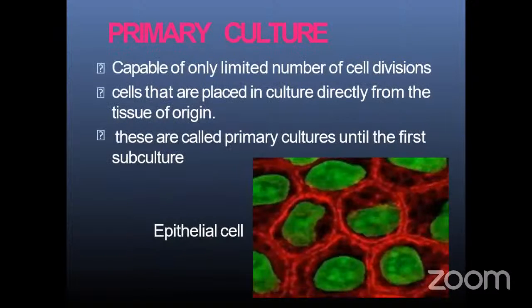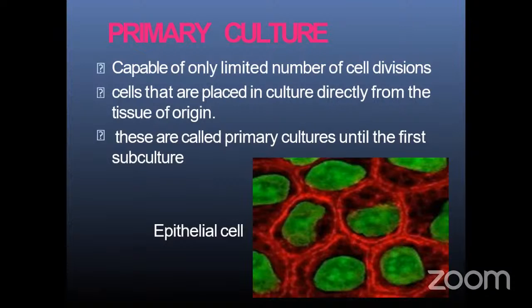So this is the primary culture. See how they look, how they are attached to each other. They are capable of only a limited number of cell divisions. When they are placed in the culture directly from the tissue, they are called primary culture.